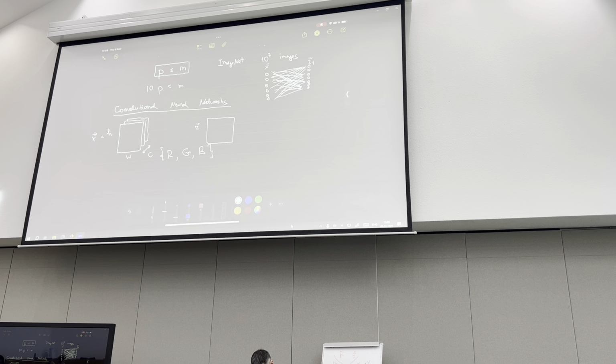It can have a different width, a different height, a different number of channels, but still it is a tensor of this form. C1, for example. So, let us think about what each element here should depend on.